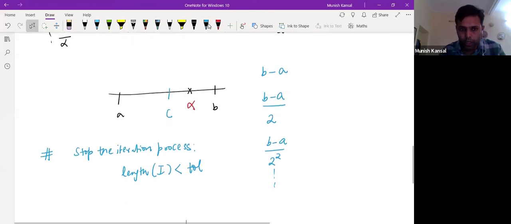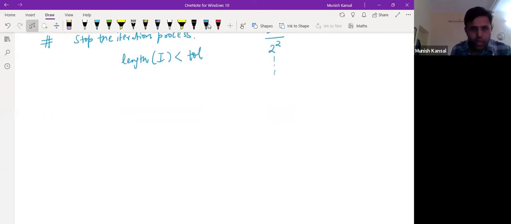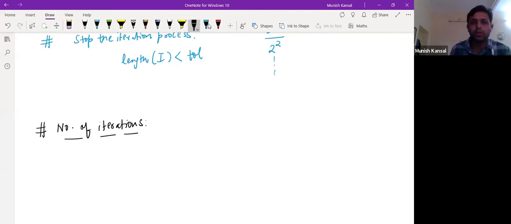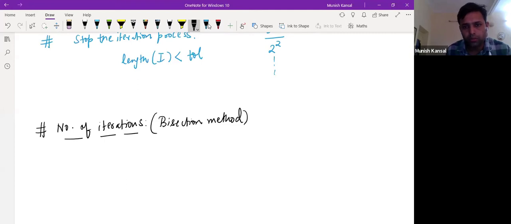Now, one more point I want to write down here, that is with respect to the number of iterations. We also have one idea regarding the number of iterations only in case of the bisection method. We will not discuss this formula in case of Newton or secant or any other iterative technique, right?